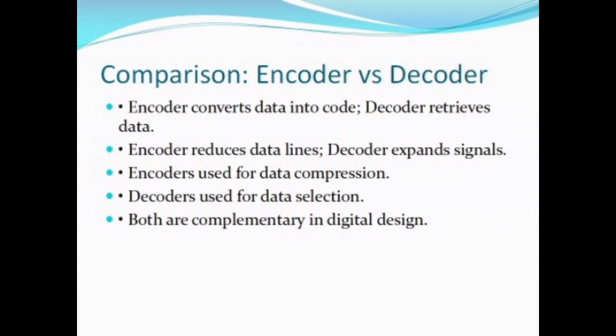The decoder expands signals, whereas the encoder compresses them. Both are used complementarily in digital circuits, and both are important in combinational digital circuits. Nowadays we use them everywhere.